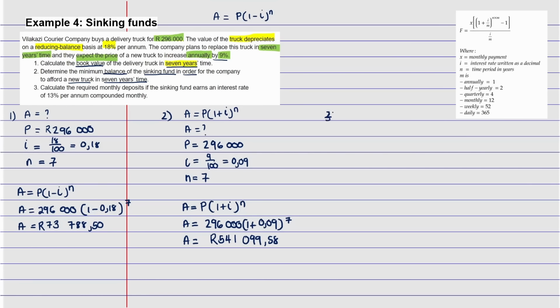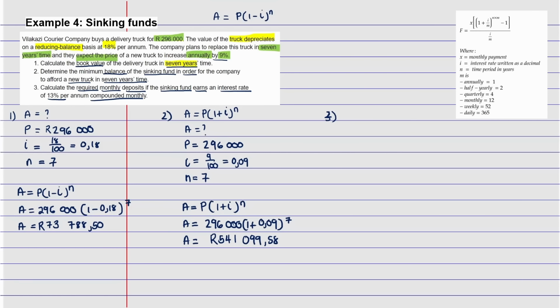Now we move to the third question. It says, calculate the required monthly deposit if the sinking fund earns interest of 13% per annum compounded monthly. So now we already know how much the truck costs in the future.